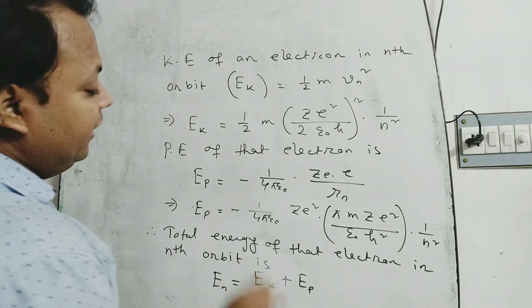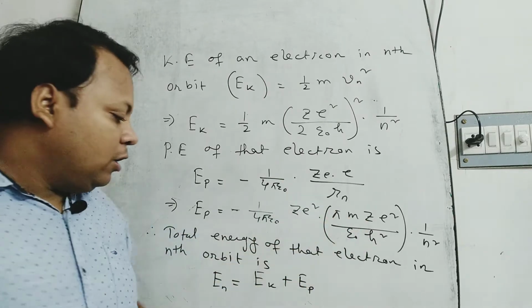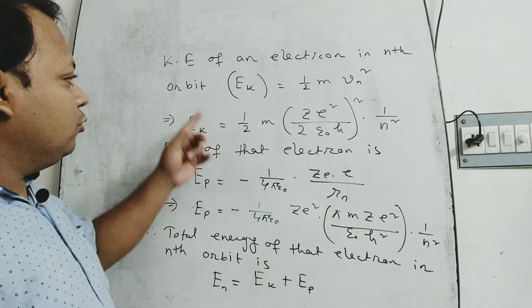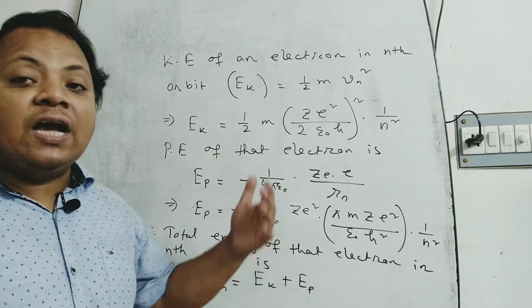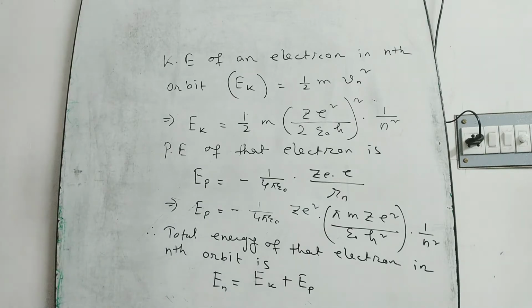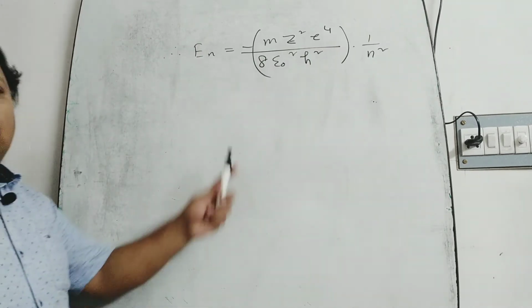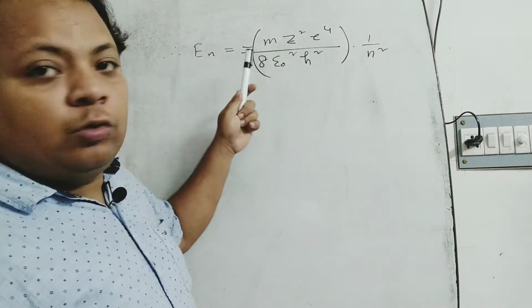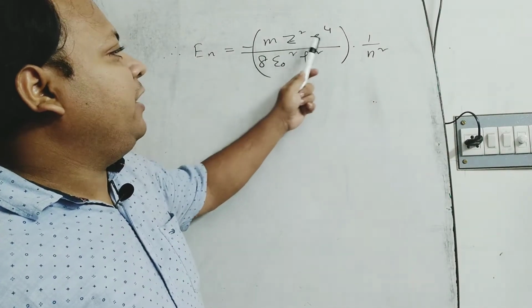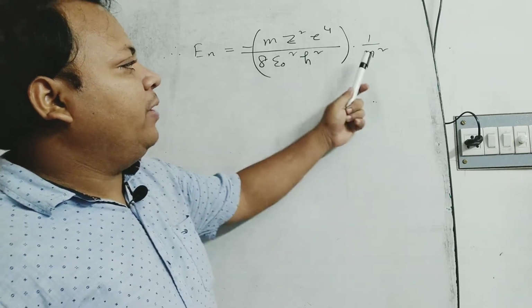Now the total energy, or total mechanical energy, of that electron in the nth orbit is En equal to Ek plus Ep, that is, the sum of the kinetic energy and potential energy. Therefore En is equal to minus m Z square e to the power 4 by 8 epsilon 0 square h square into 1 by n square.